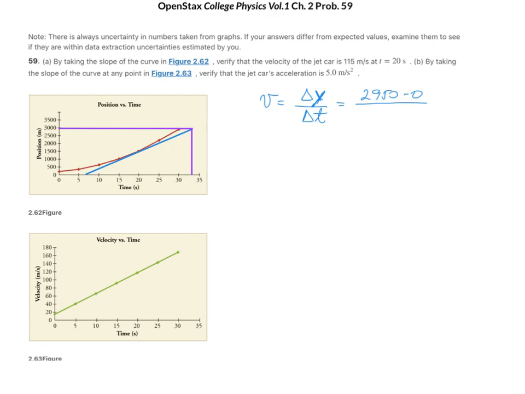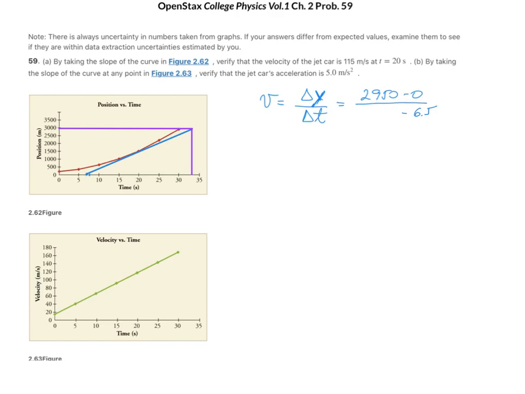And on the x-axis, I want a delta t, which goes from this point to that point. So this point would be about 7.5, so maybe the intercept there is about 6.5. That would be negative 6.5 seconds.